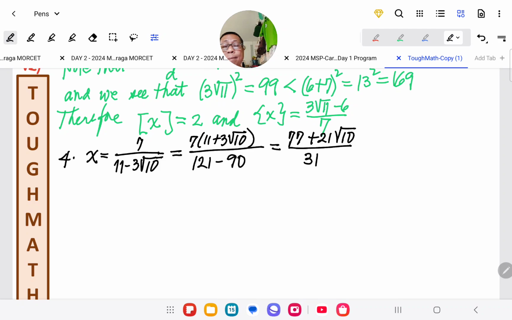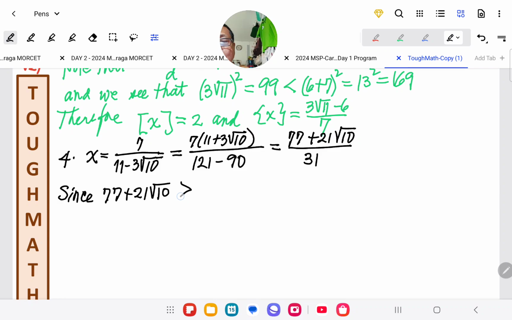Okay, so again, we must change 77 into a multiple of 31. Now, how do we do that? Well, let's look at 77 plus 21 square root of 10.